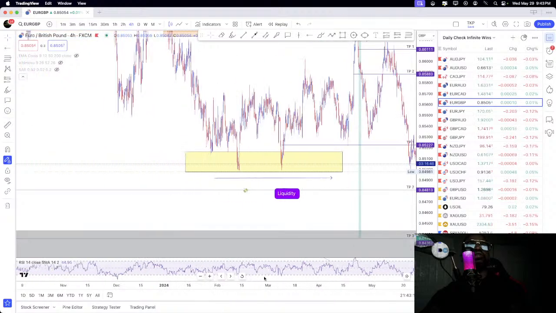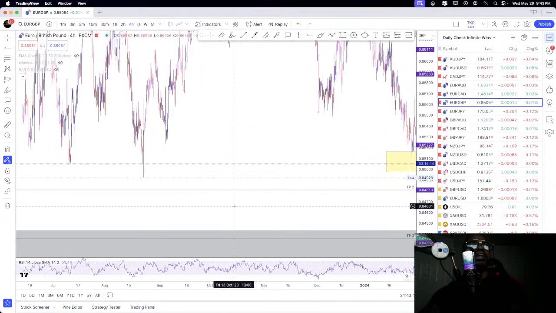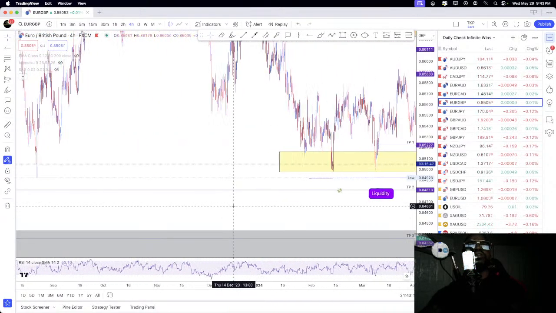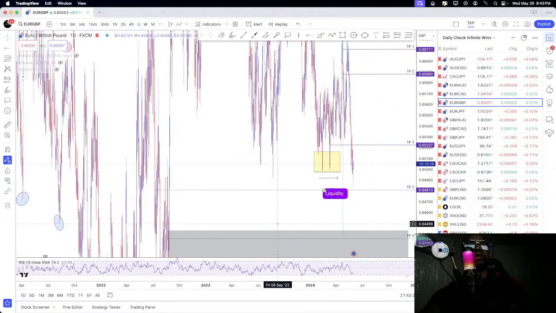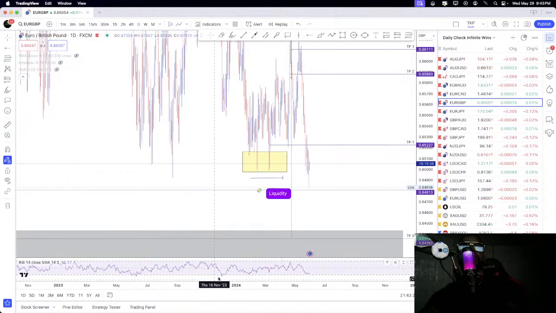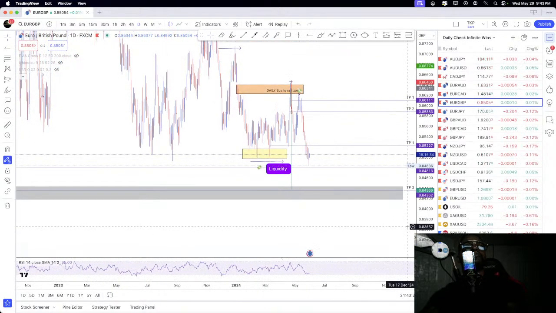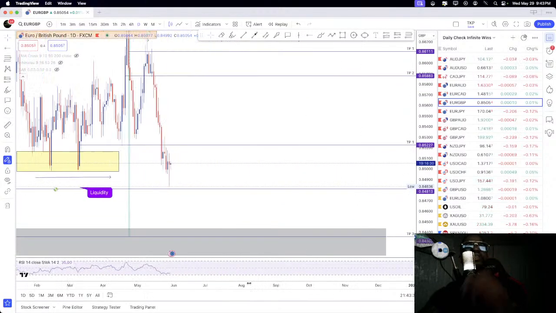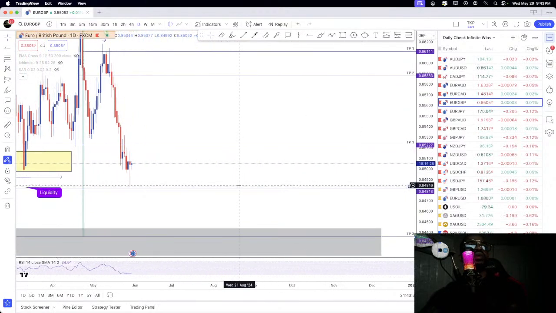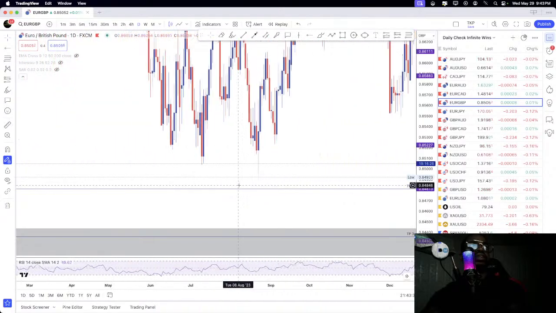So the institutional side of trading, they can see those orders, they can see all of your stop losses, and it's a man-made and also man-manipulated game. They'll normally move price to hit your stop losses, close your trade, and then price will move in the opposite direction.